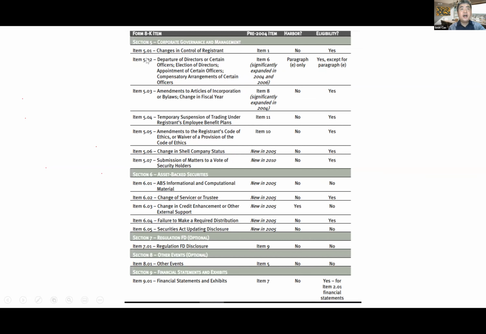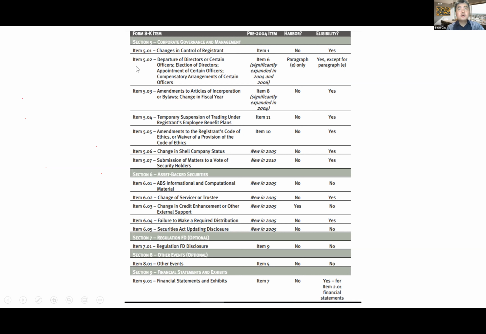Item 5.01 is about the changes in control of registrant. You can see that before 2006, or 2004, it was named item 1.